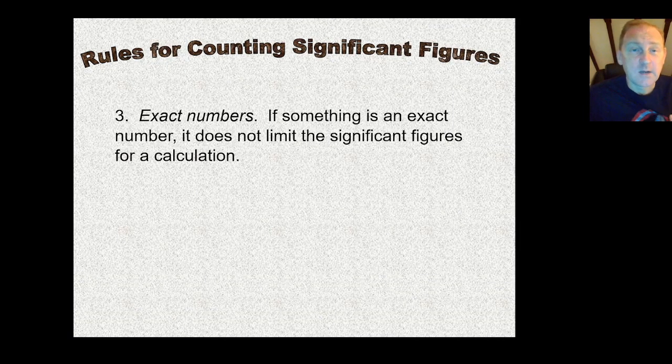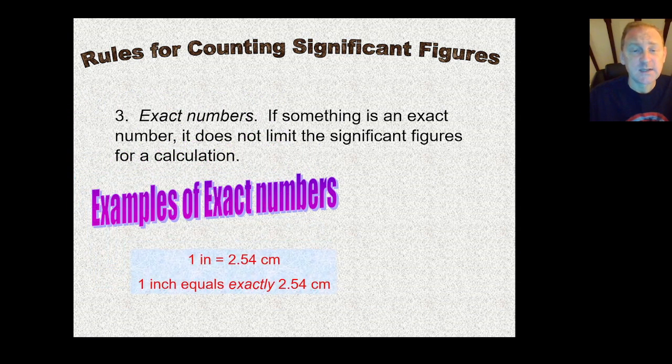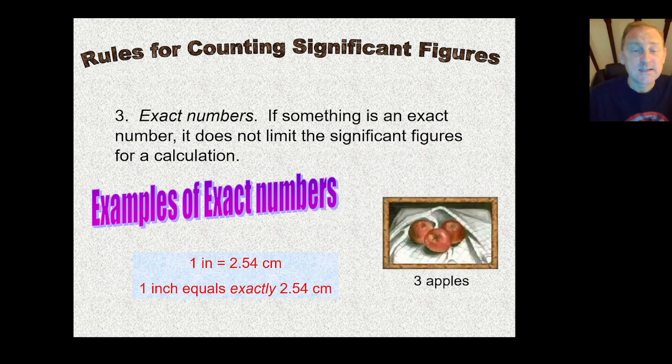Another thing I'd like to talk about is that when we're counting, that does not count as significant figures. It's not a measurement. These are exact numbers. So some other examples of exact numbers is that 1 inch is exactly 2.54 centimeters. This will make more sense in the next lesson, because we're going to do calculations with significant figures.